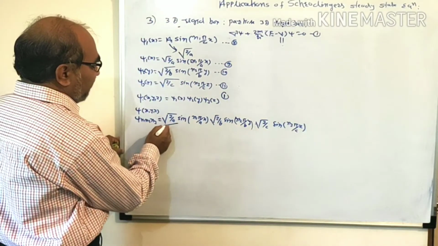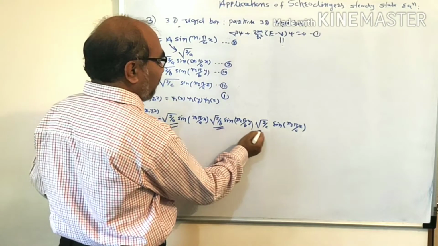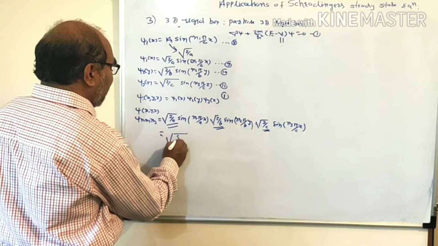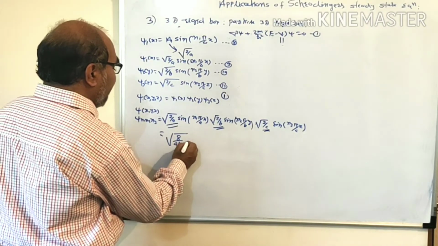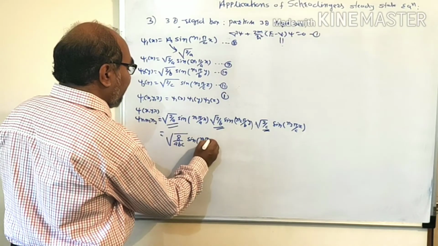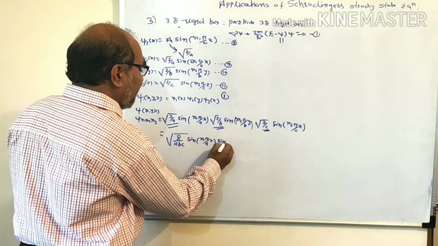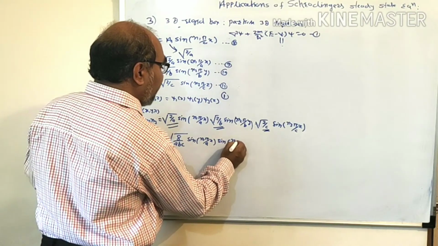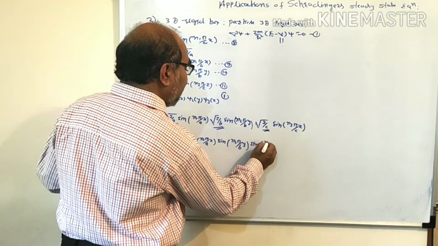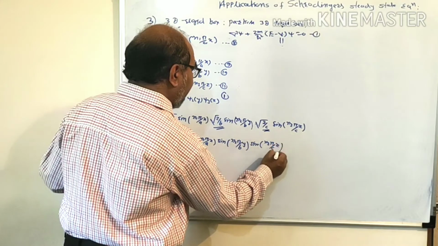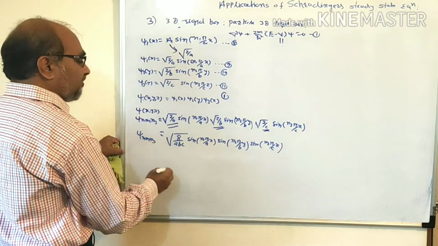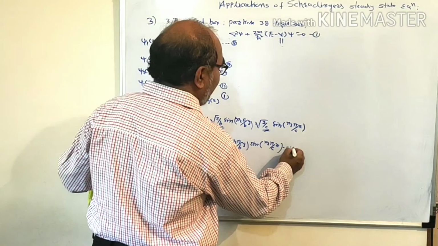Now you combine these terms and you can write root 8 by abc times sin of n1 pi by a x, sin n2 pi by b y, sin n3 pi by c z. So this is psi n1 n2 n3, equation 12.